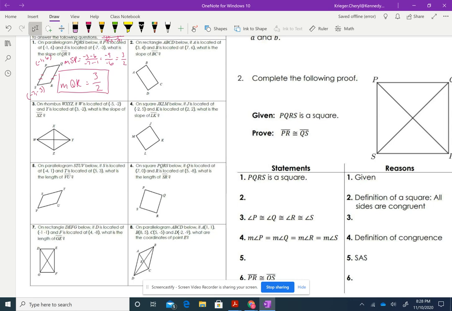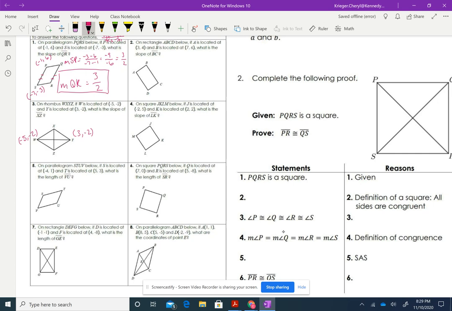On rhombus WXYZ, W is located at -5, -2. And Y is located at 3, -2. What is the slope of XZ? So another slope question. All right, rhombus.